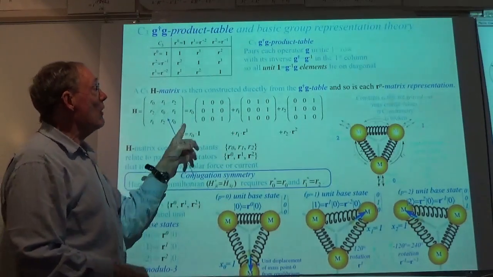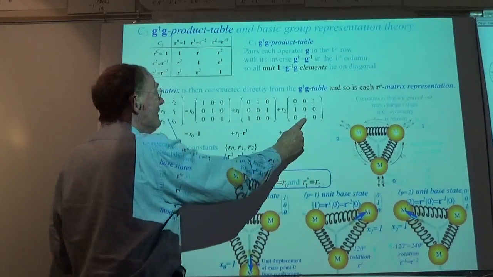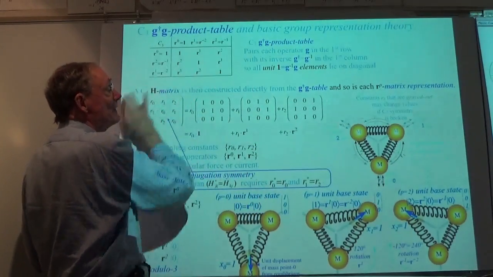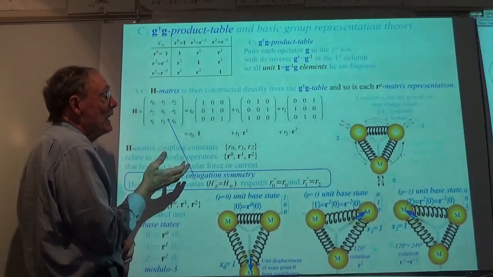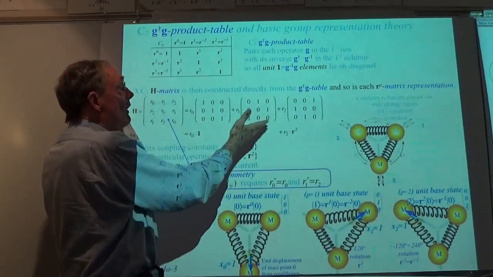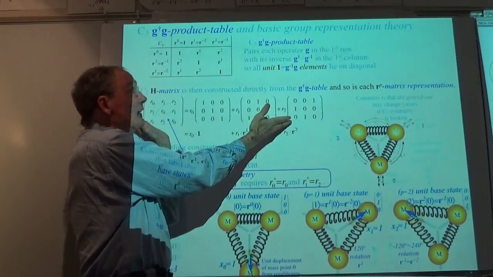They're all going to be linear combinations of the regular representation of this group table, this multiplication table. So we're playing the whole thing backwards. We're saying these are all the Hamiltonians that I could possibly have that has this symmetry.